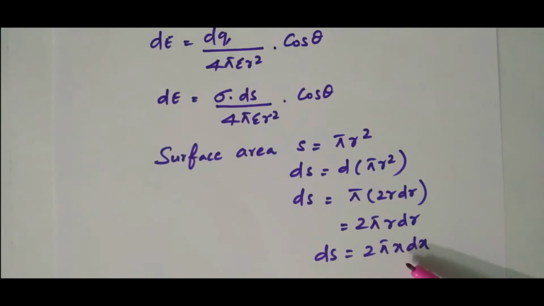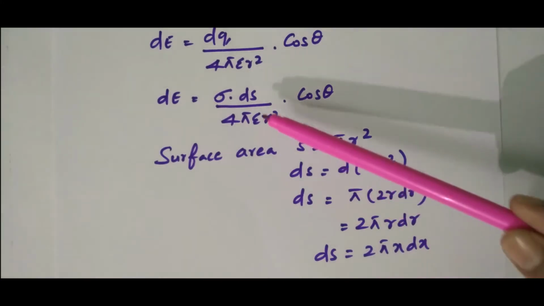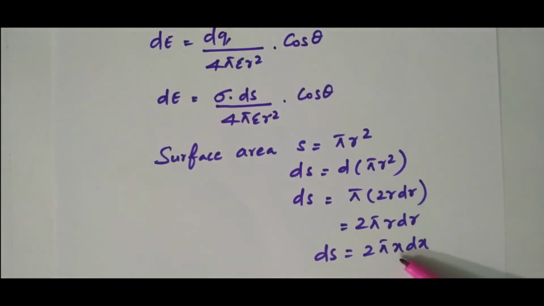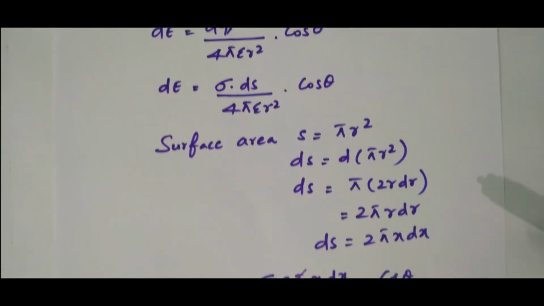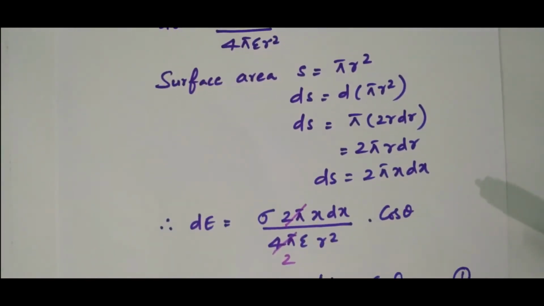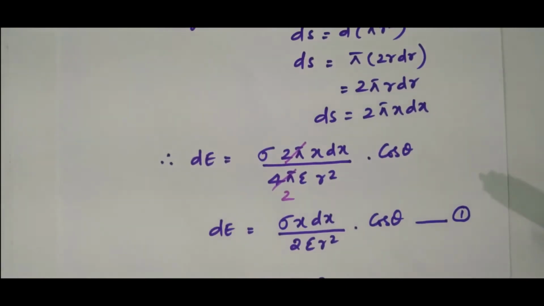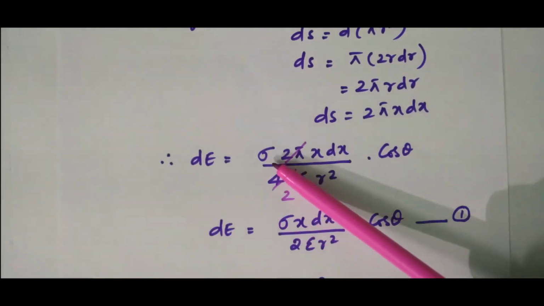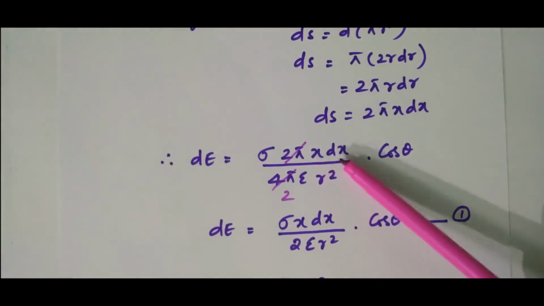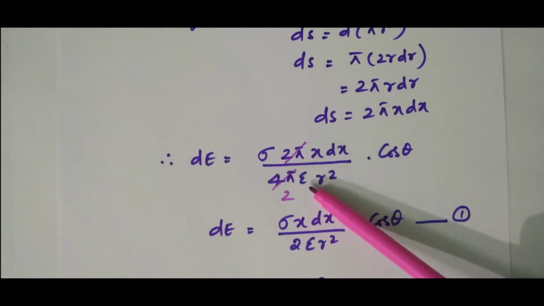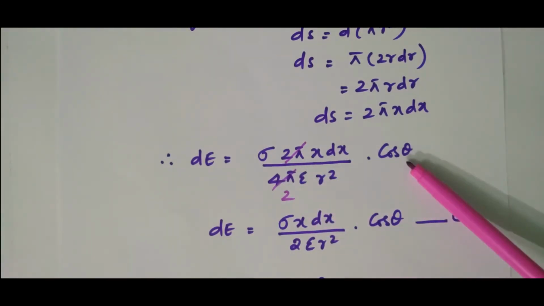But in the diagram we consider the x. We consider one small ring at x meter. So that 2 pi x dx. Right? dS equal to 2 pi x dx. Now we can replace this dS with 2 pi x dx, so that value is substituted here. dE equal to sigma, this dS is 2 pi x dx divided by 4 pi epsilon r square into cos theta.